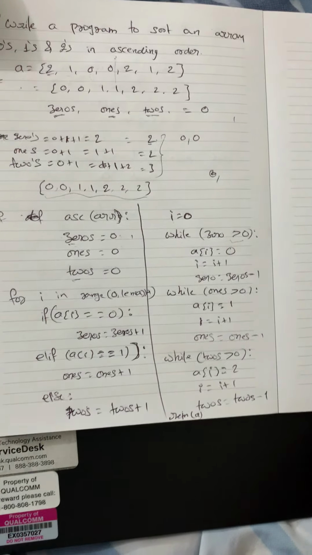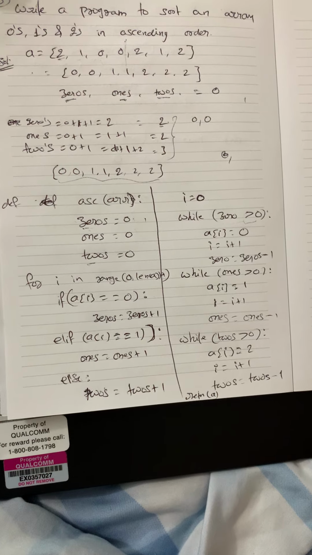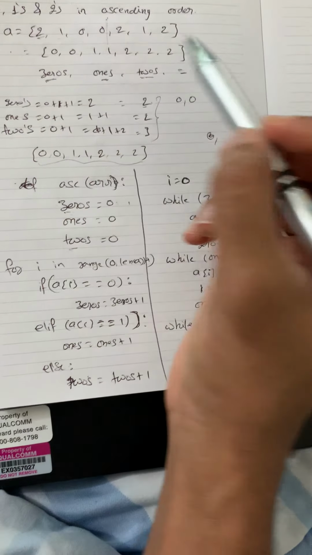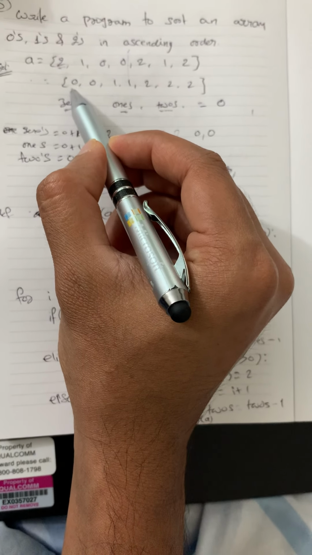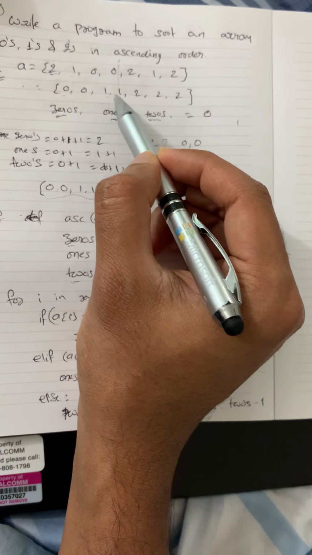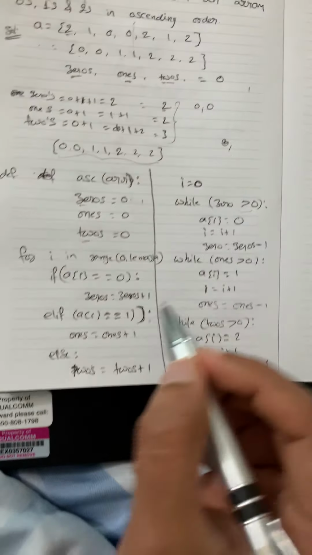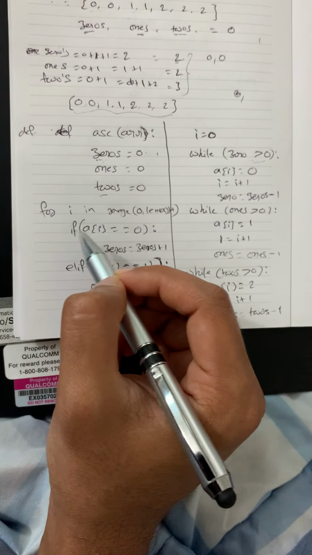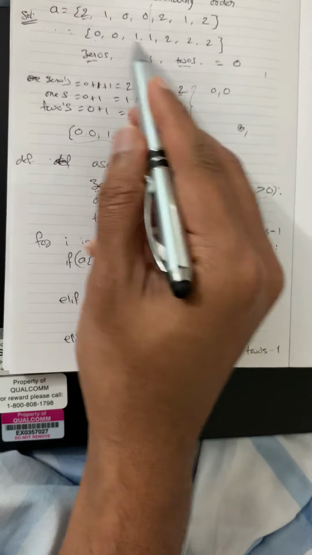Just to give a small final verdict, I'm getting how many zeros I have in the whole list, and how many ones and how many twos. By doing the for loop, I get this information.